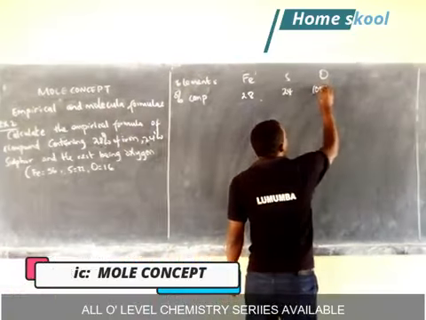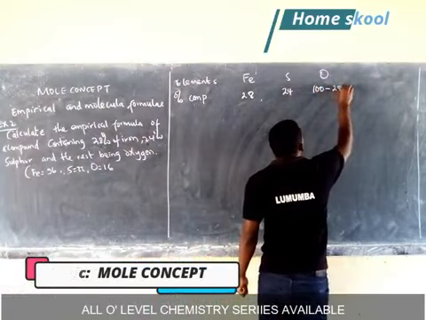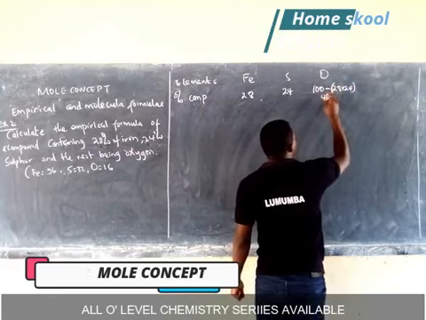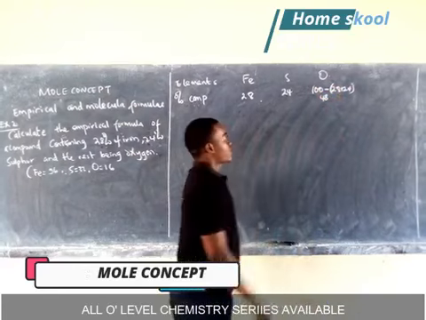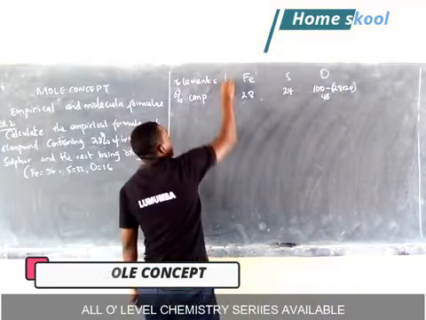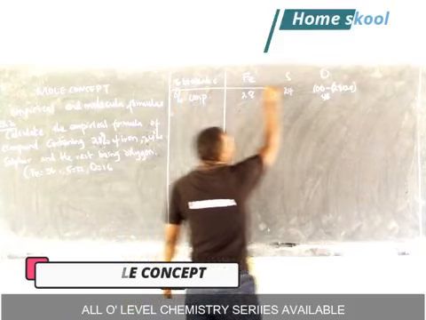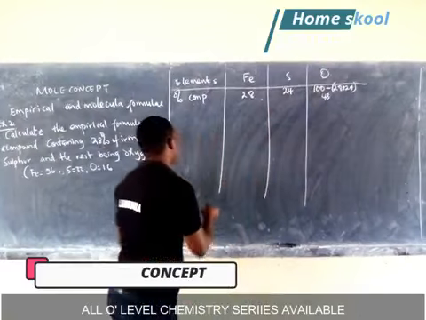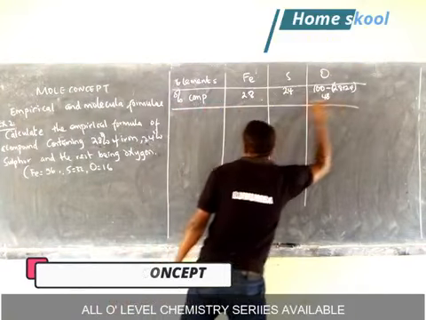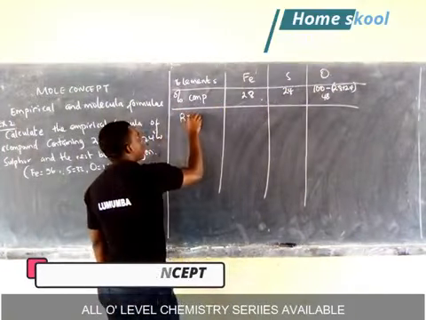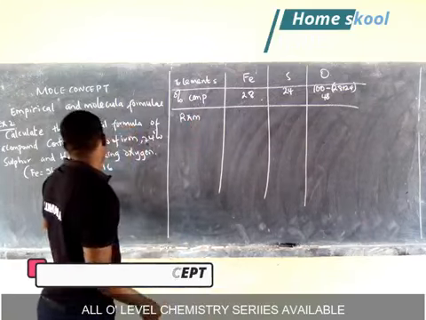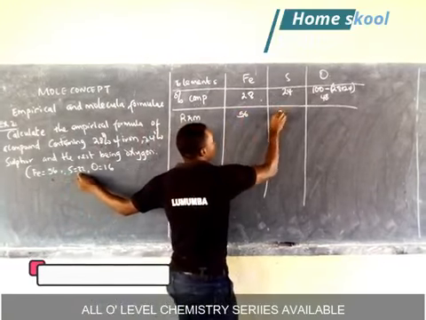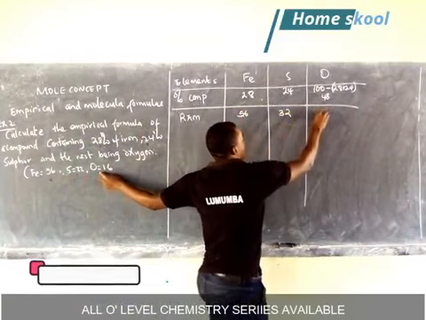That gives us 100 minus 28 plus 24, which is 100 minus 52, giving us 48. Put in our table like that. And number 3, write the relative atomic masses here. Iron has 56, sulfur has 32, oxygen is 16.